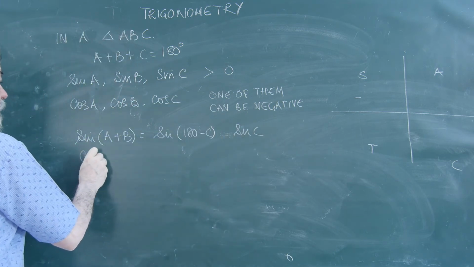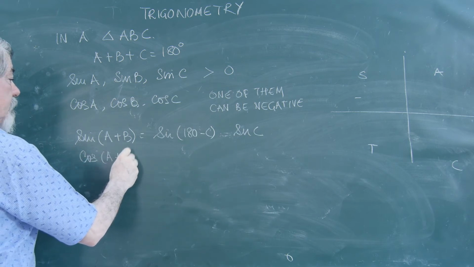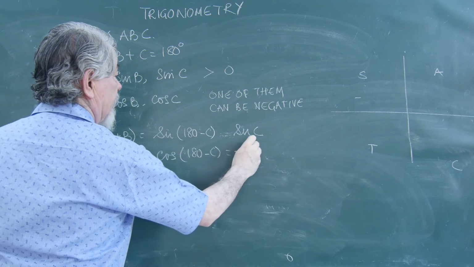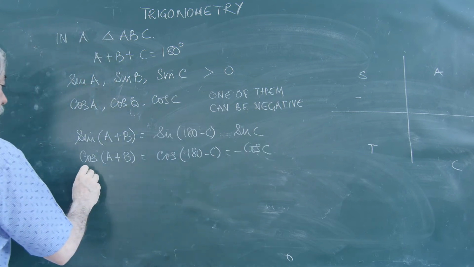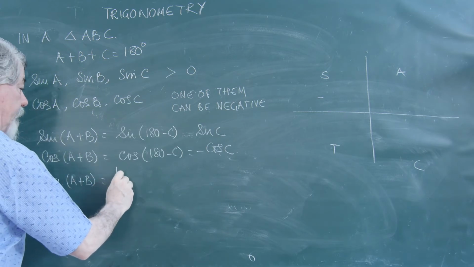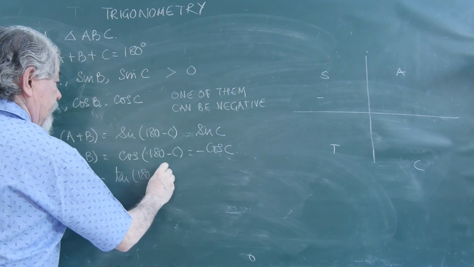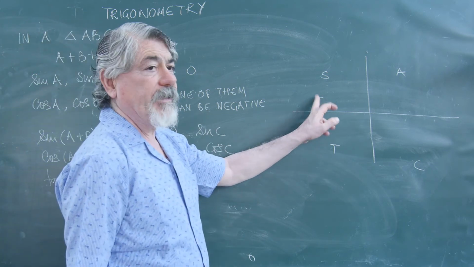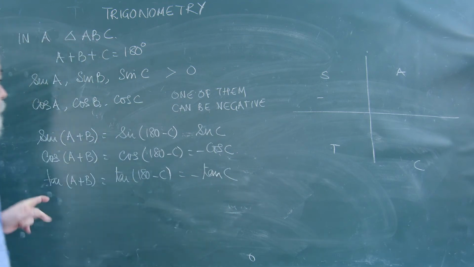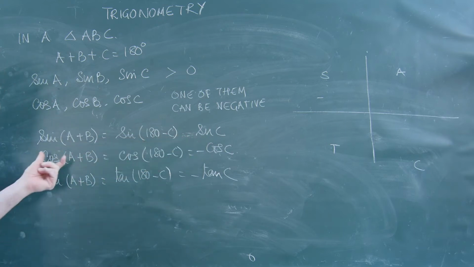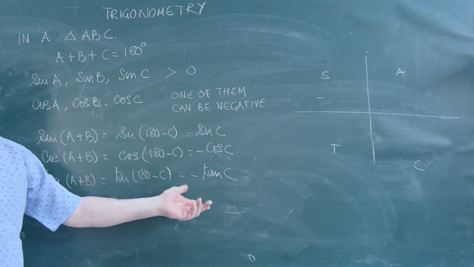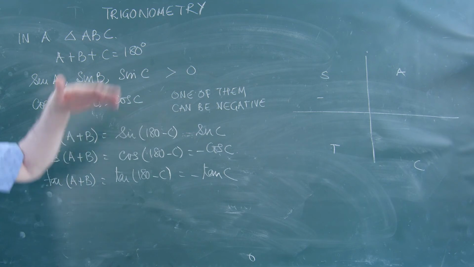But if it is cos(A + B), it will be equal to cos(180 − C), and it will be −cos C. If it is tan(A + B), then it will be tan(180 − C), and again it will be negative here, so −tan C. So sin(A + B) will be equal to sin C, cos(A + B) will be equal to −cos C, and tan(A + B) will be equal to −tan C. The application of this can come while we are solving.